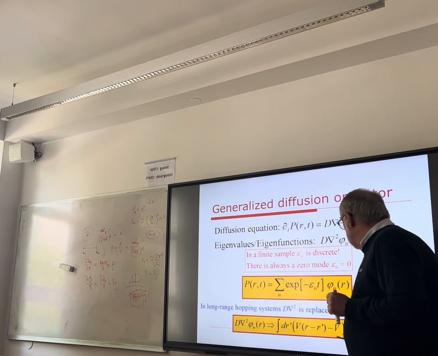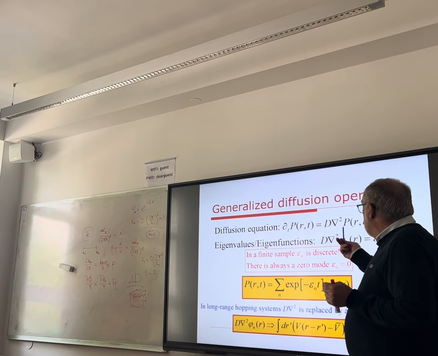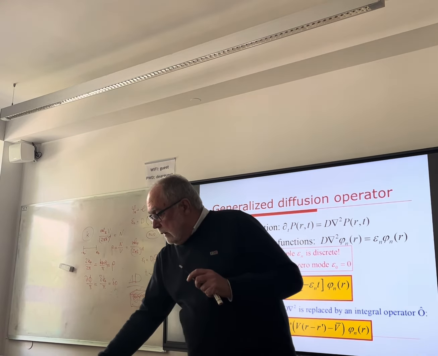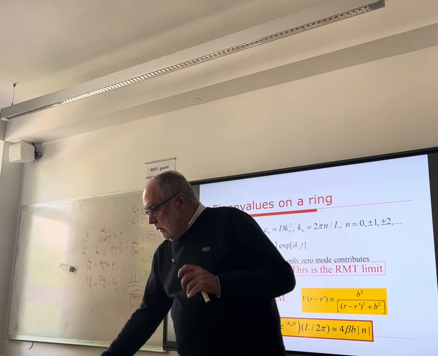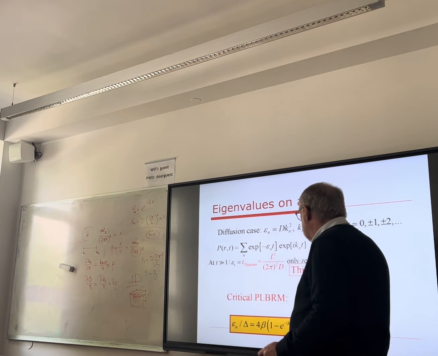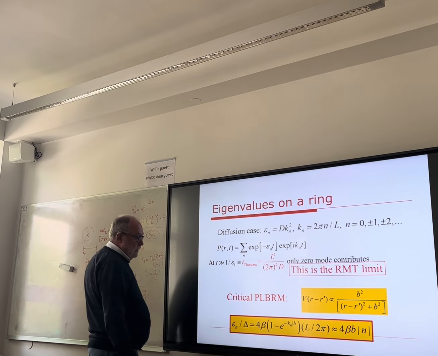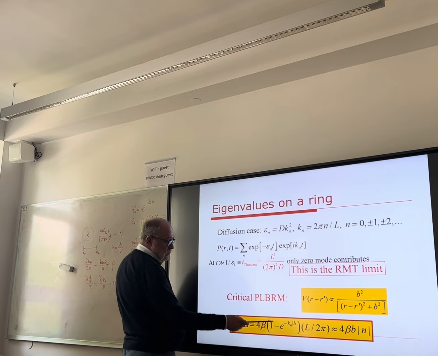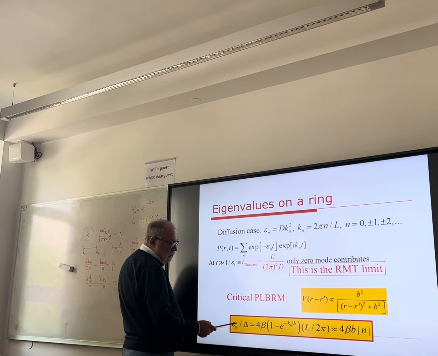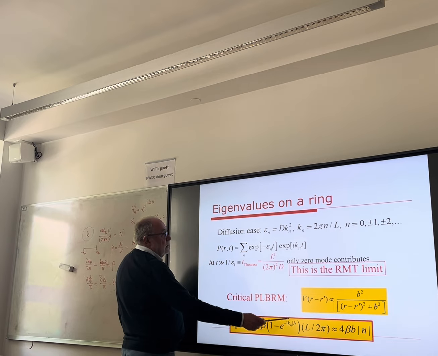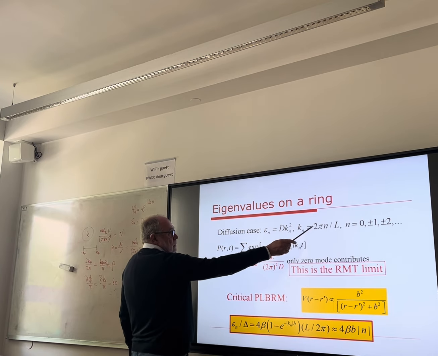You can solve this problem of eigenvalues, and you find that the eigenvalues for the critical random matrix theory behave like this.